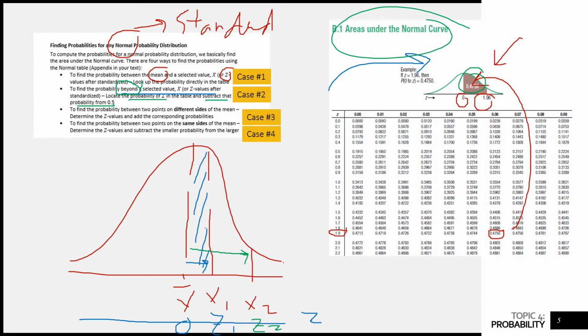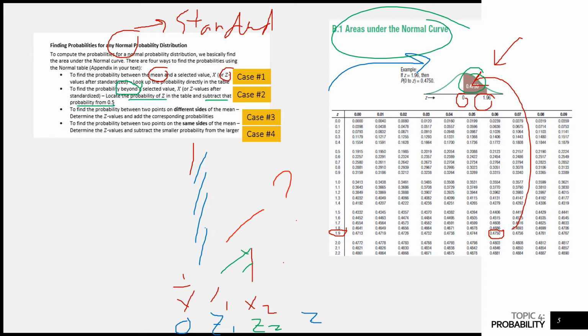The other one is the green area, but the green area includes the blue area, right? So if you want to find the difference between them, what do you do? Yes, you take the larger probability, which is the green, and subtract the smaller probability, which is the blue. Then you will get only this area. I know you need to do more practice, then you can get it.